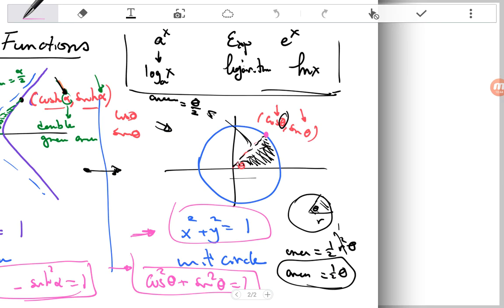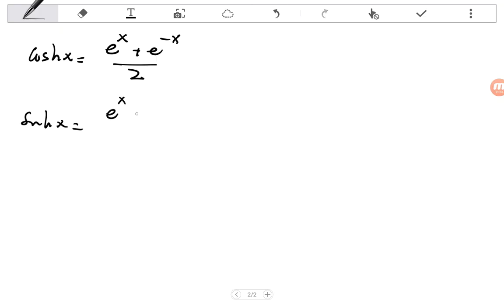Now let's look at the definitions of these points. We'll define cosh x to be equal to e power x plus e power minus x over 2, and sinh x to be equal to e power x minus e power minus x over 2.